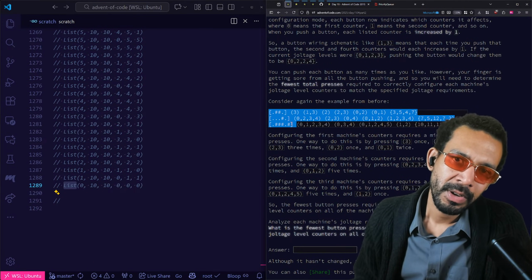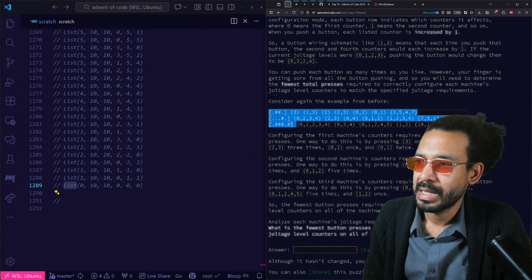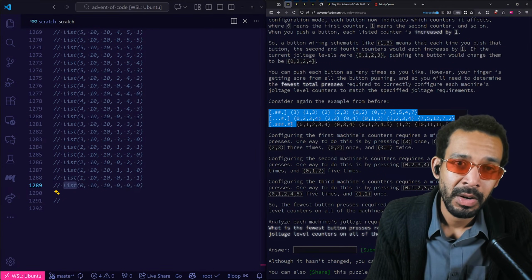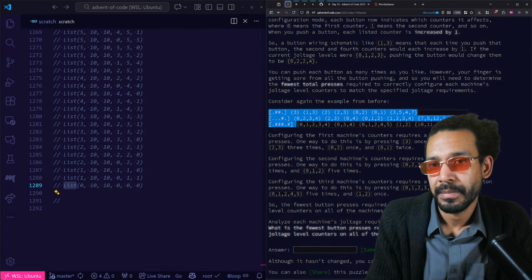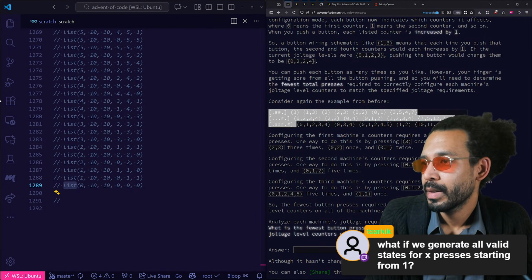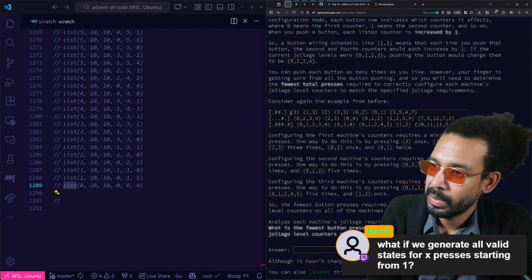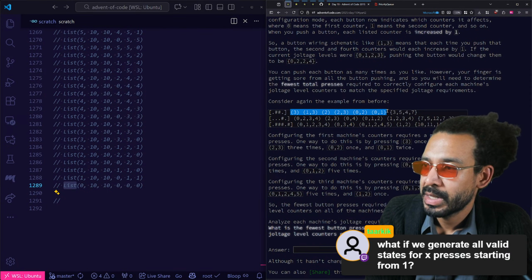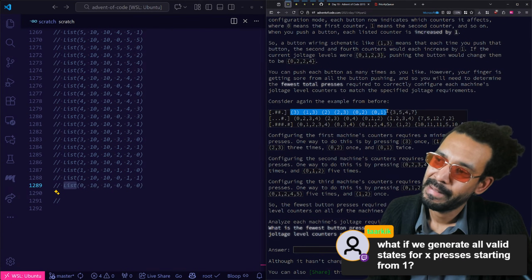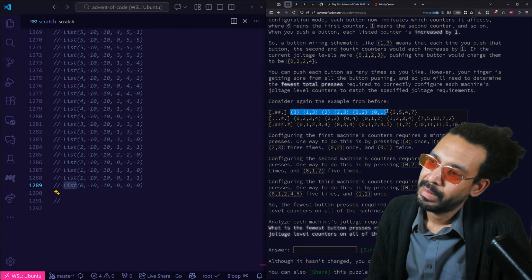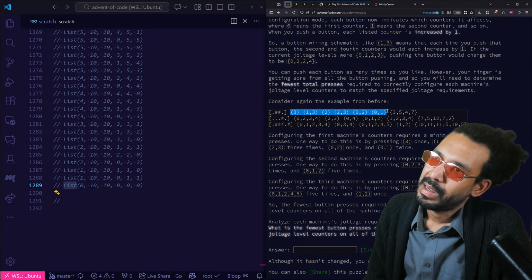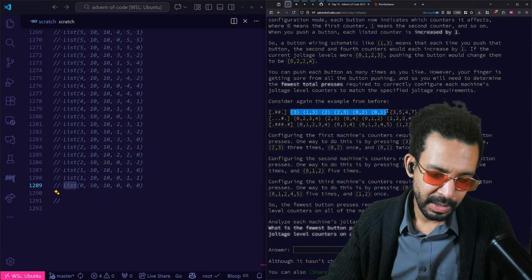Generate all valid states for X button presses. Yeah, okay, that might be smarter. Because then we could just do number of ways to sum to a number, right? And then how many ways are there?